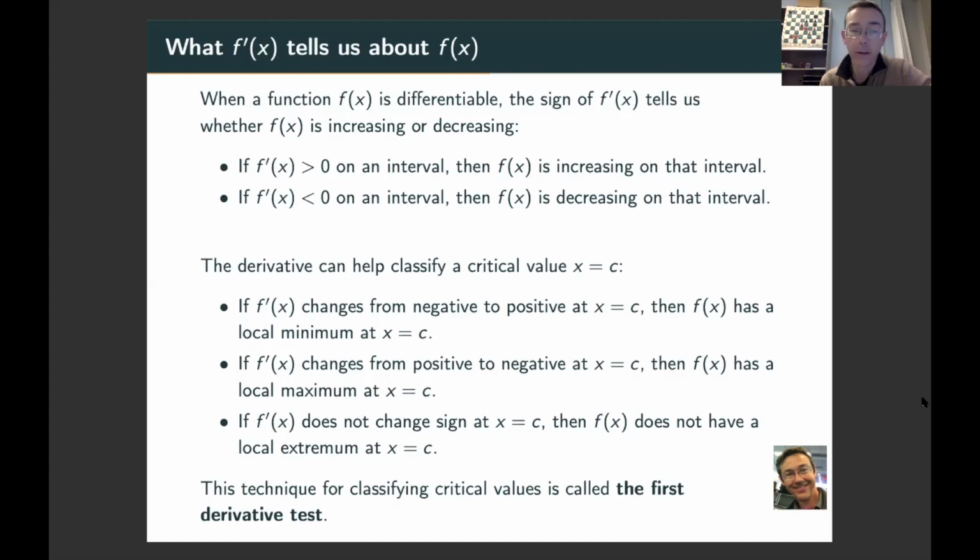Similarly, if the derivative changes from positive to negative at that critical value, so the function changes from increasing to decreasing, you have a local maximum. Finally, if the derivative does not change sign at a critical value, you know you don't have a local maximum or a local minimum. So no sort of extremum at all. Again, this is called the first derivative test. Let's see a qualitative example.